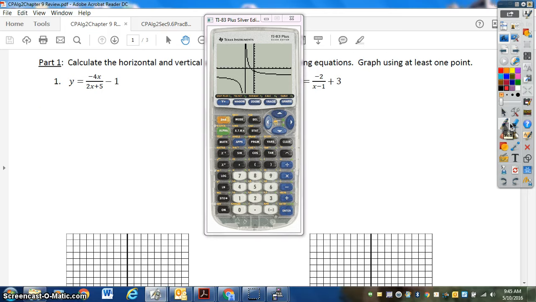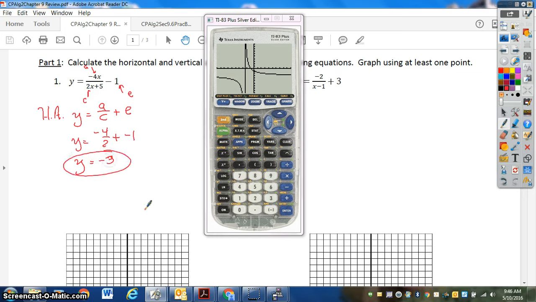As we go through here, we get the horizontal asymptote, which we know is y equals a over c plus e. A is this, c is this, and e is this. So y equals negative 4 over 2 plus negative 1. That would be negative 2 minus 1, negative 3.